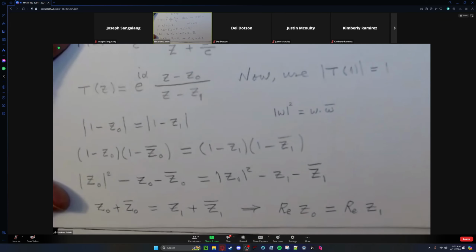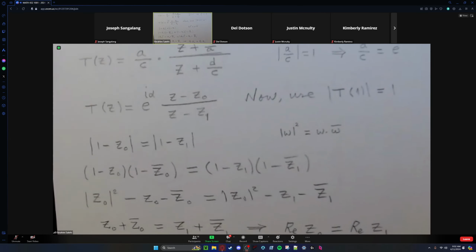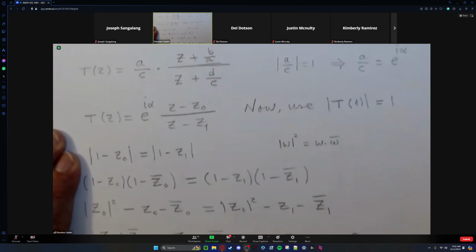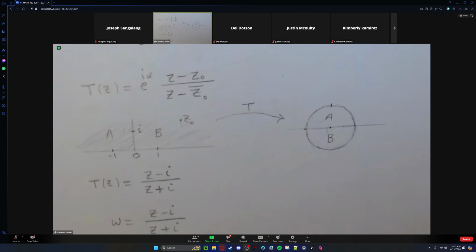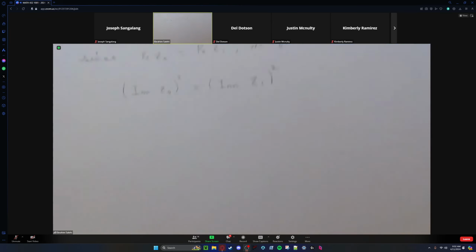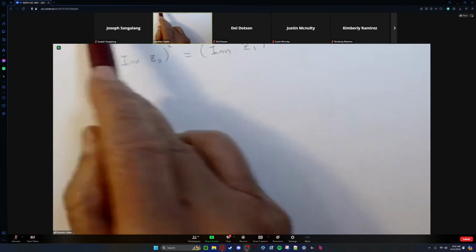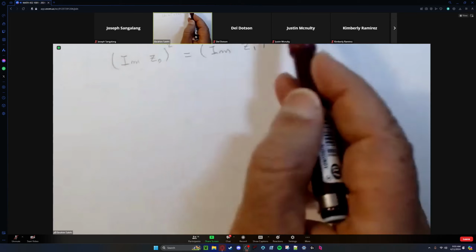Oh, let's continue. When the real part is the same and they are on the unit circle, the imaginary part should be, here is what we know, Z1, and the real parts are the same.